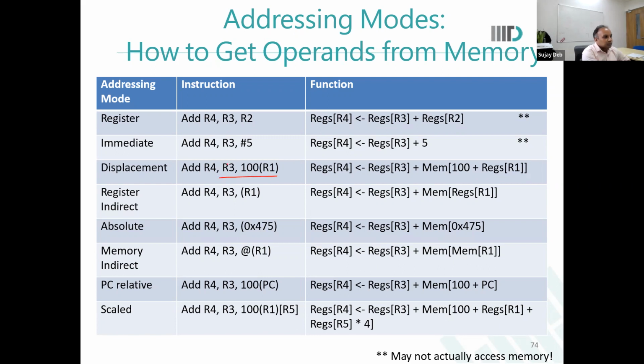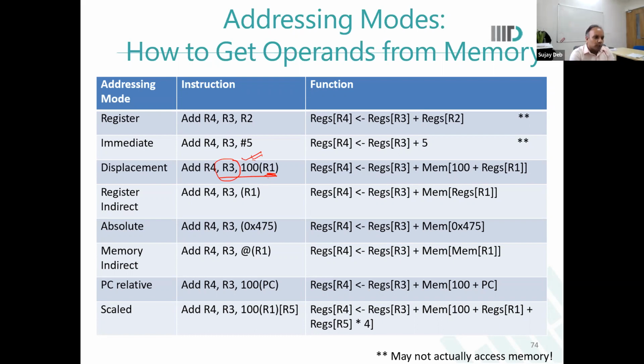So this is the base register, and then you use this offset to identify which element in that particular, let's say, array you want to read.